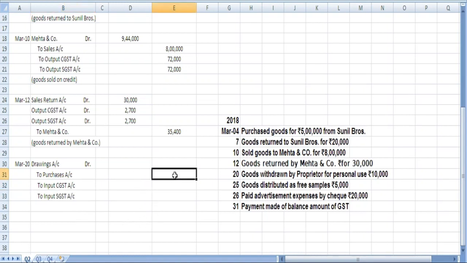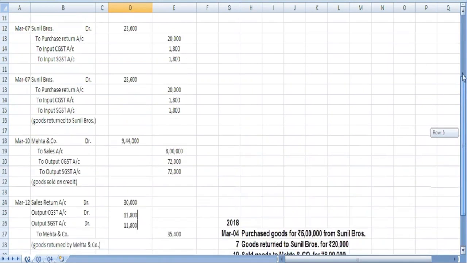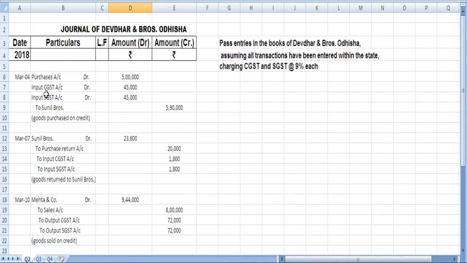Now the proprietor had taken the goods worth 10,000. 9% of 10,000 is 900 and 900, and the total sum is 11,800. So whenever there is a purchase, we are going to write input CGST and input SGST.